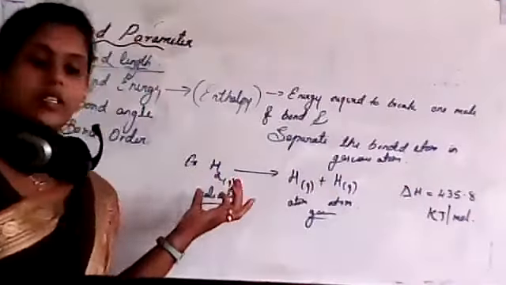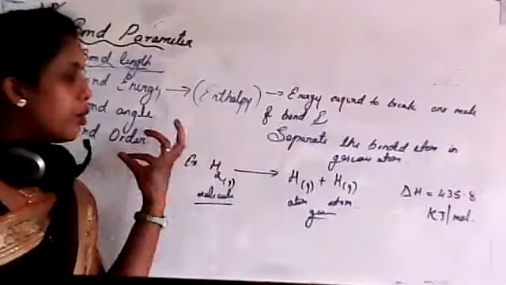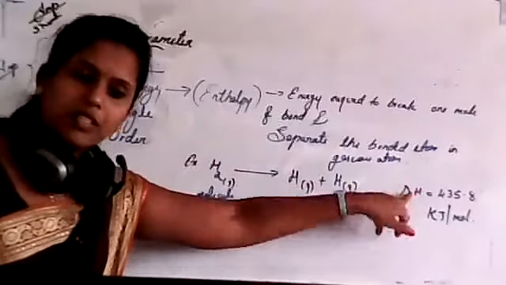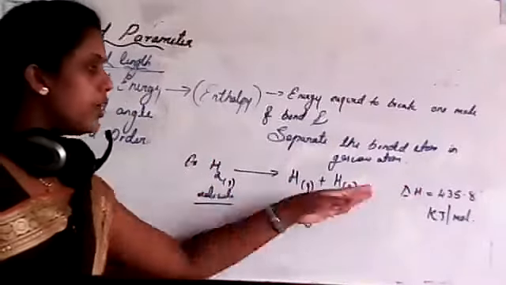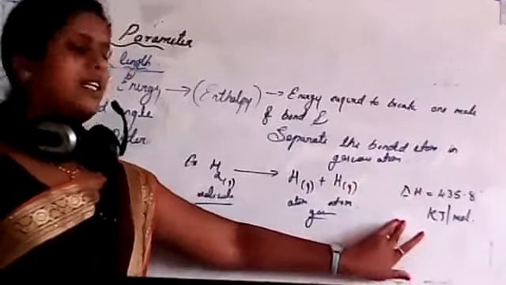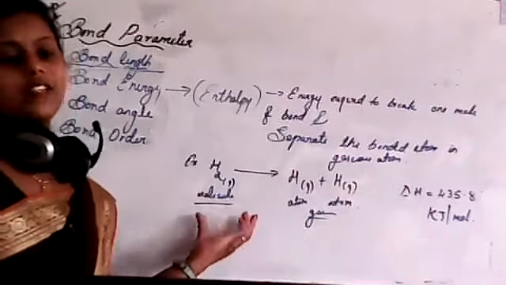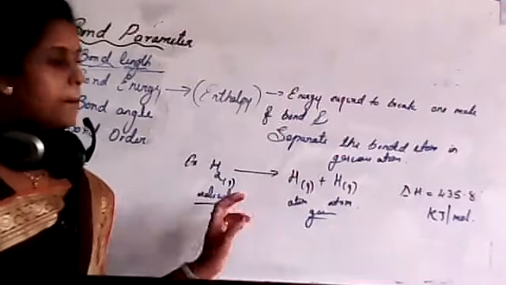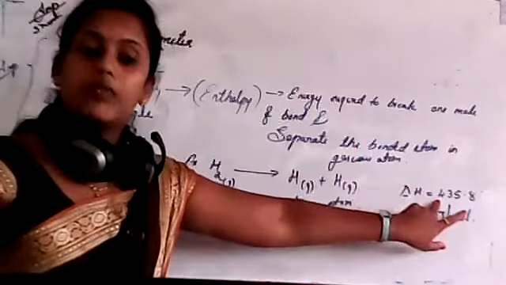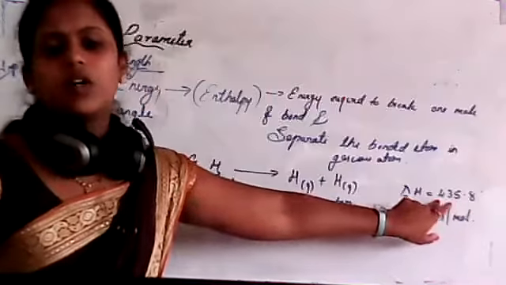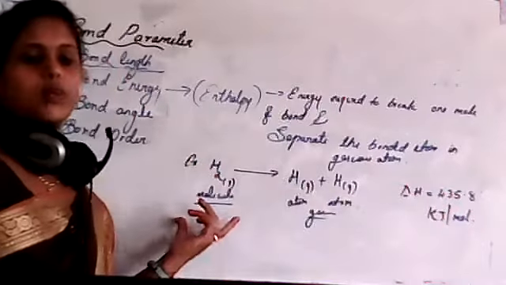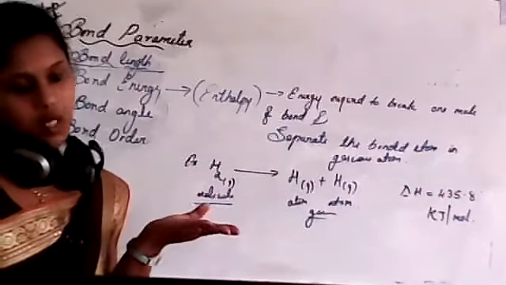If we provide this amount of energy, H2 will break. If you provide only 420 or 400, there is no dissociation. But when you provide 435.8 kilojoule per mole, it starts to break.